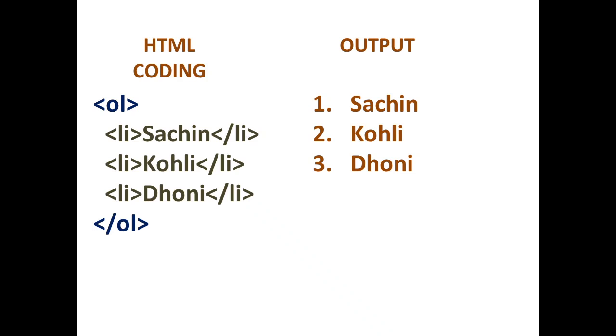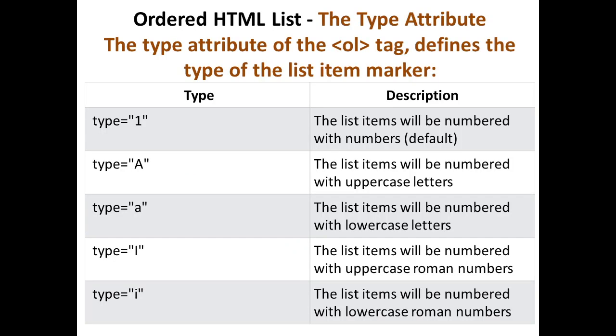Nothing has been specified about the type of ordered list, whether numbers, Roman numerals, uppercase or lowercase alphabets. If nothing is specified, by default it's going to be numbers 1, 2, 3. The output will be 1, 2, 3, Sachin, Kohli, and Dhoni in the same order.